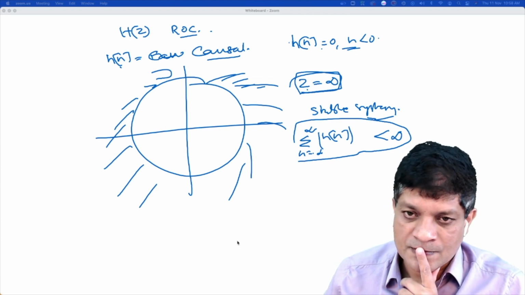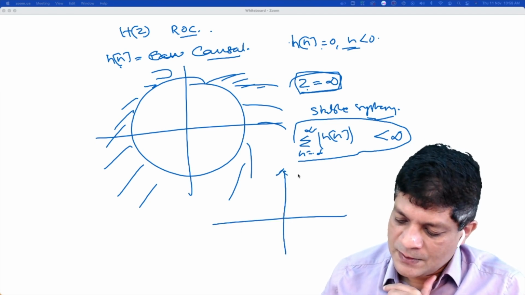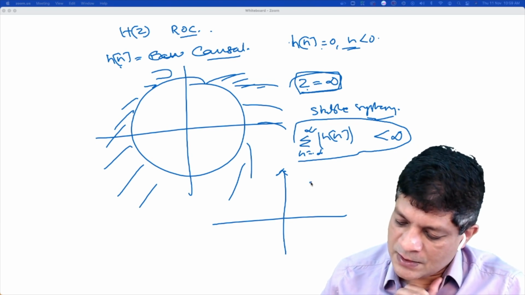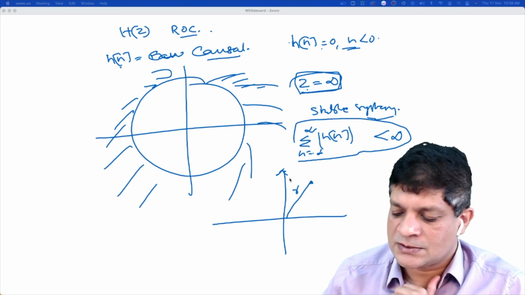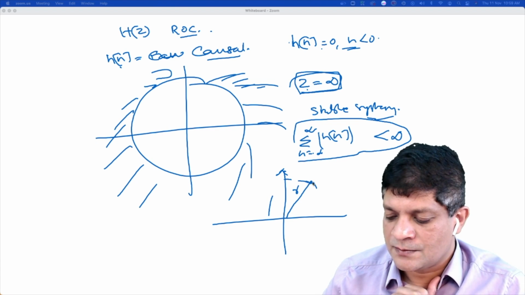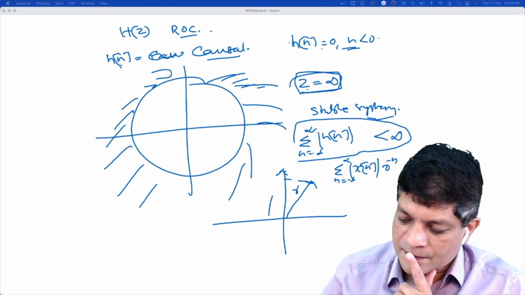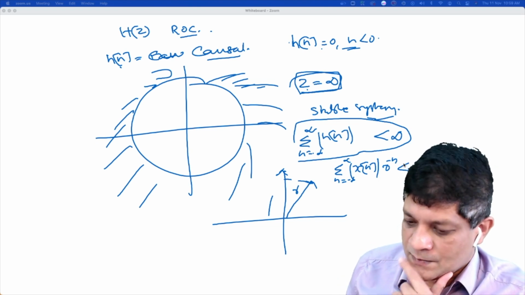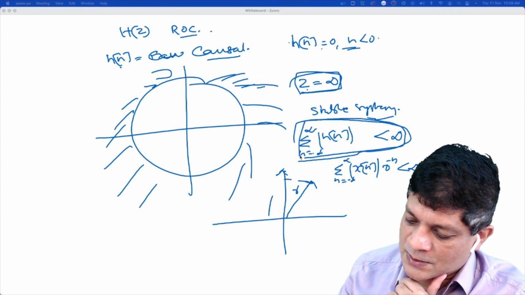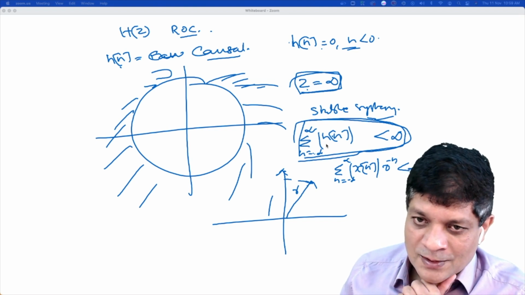Consider any point here, and let's say its distance from the origin is r. What is the condition for existence of the z transform at this point? That is the condition for existence of the z transform. If the system is stable, this is absolutely summable.